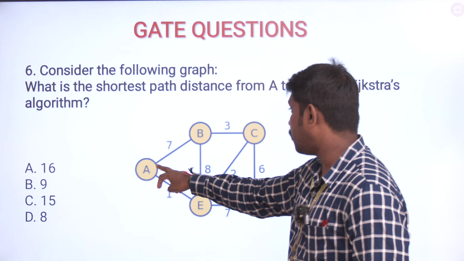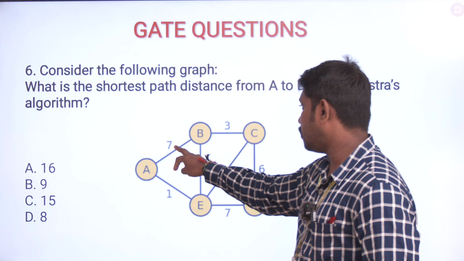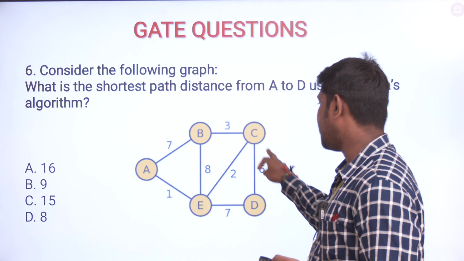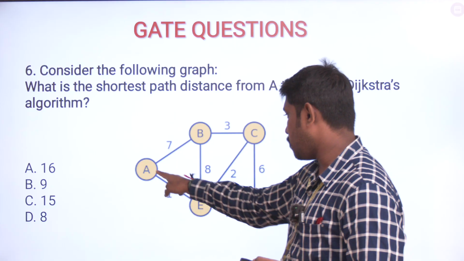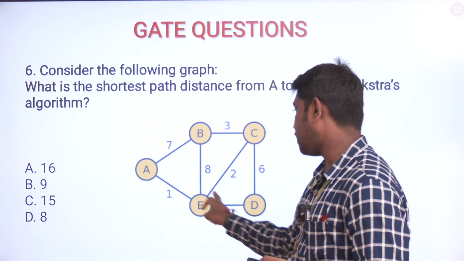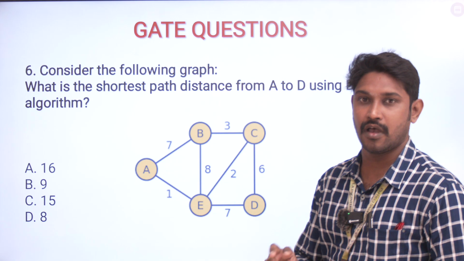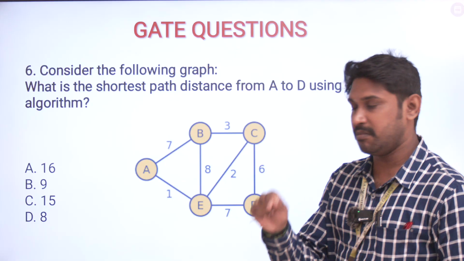First we go with the outer path, that is A to B, B to C, and C to D. So 7 plus 3, 10, 10 plus 6, 16. Next the outer path A to E, E to D, that is 7 plus 1, that is 8. So far we have found two paths, and 8 is the minimum value.